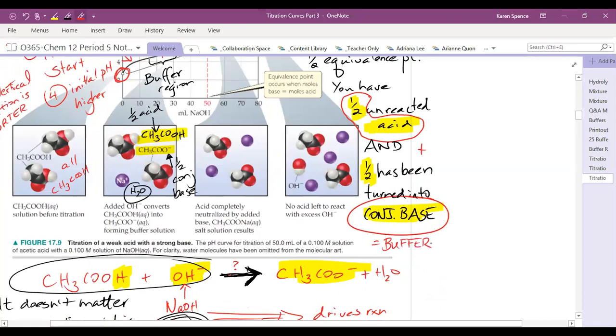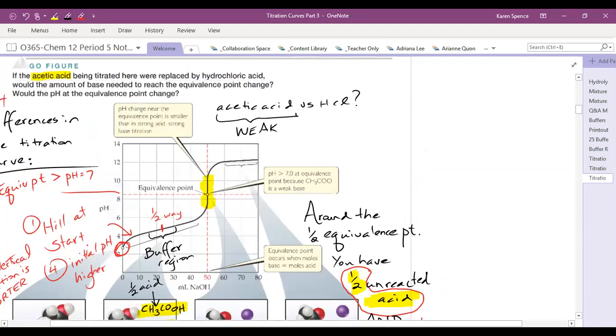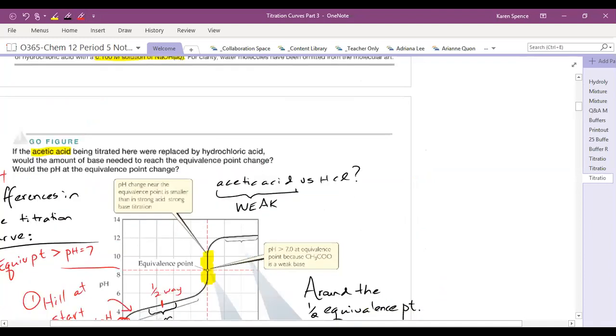Okay, excellent. Let's see what else we have here. If the acetic acid being titrated here were replaced by hydrochloric acid, okay, so we have acetic acid in this thing and it is 0.100 molar. Let's say we replaced it with hydrochloric acid also at 0.100 molar.